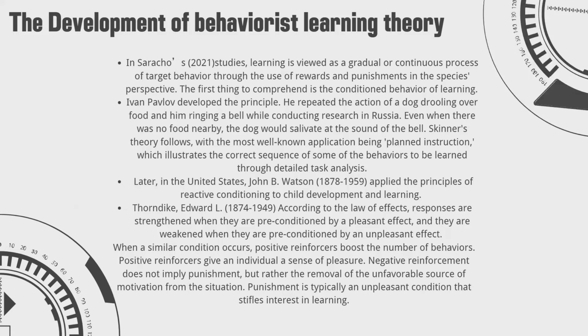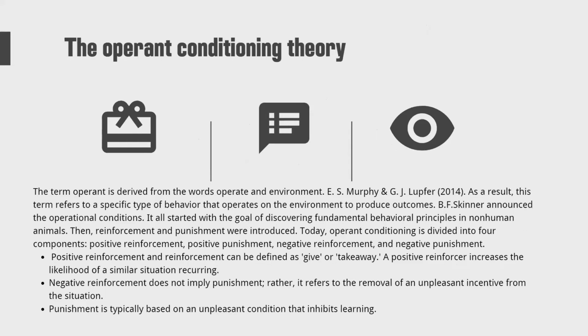To further understand behaviorism, we will focus on one of its concepts, operant conditioning. First, the term operant is derived from the words operate and environment. It refers to a specific type of behavior that operates on the environment to produce outcomes.